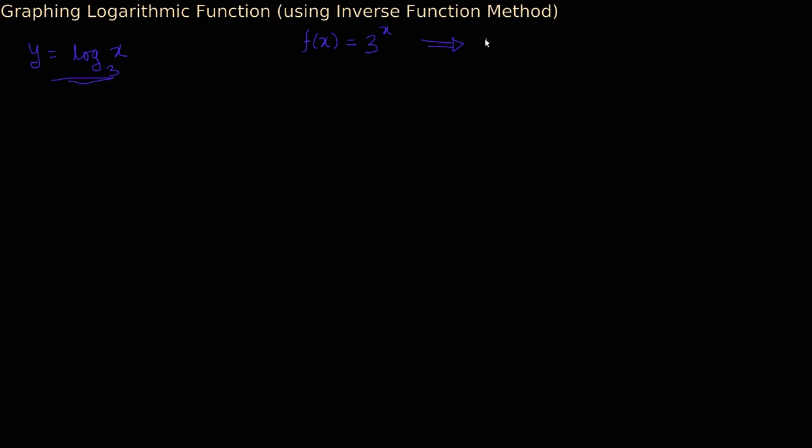So y is going to be equal to function inverse x, and that is equal to logarithm of x base 3. So both these functions are inverses of one another. Okay, so that is something we know now.